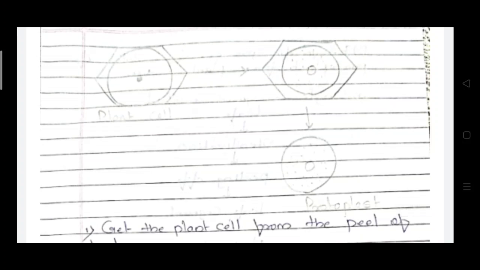So you have to see this picture. The first figure is the plant cell. Then the plant cell wall will be removed and the remaining part will be protoplast. So what is the procedure actually?